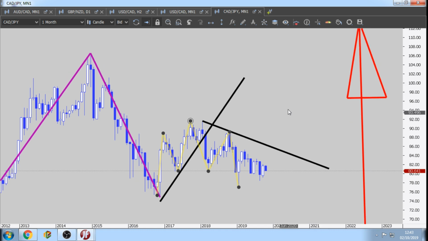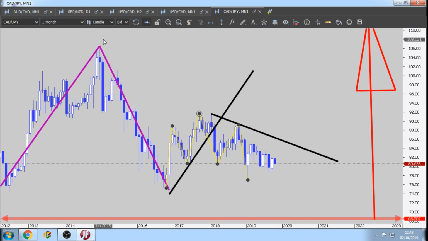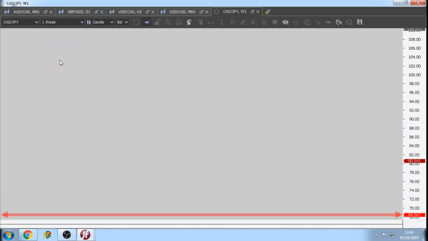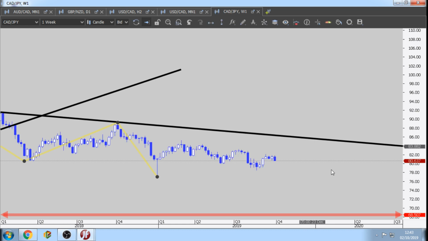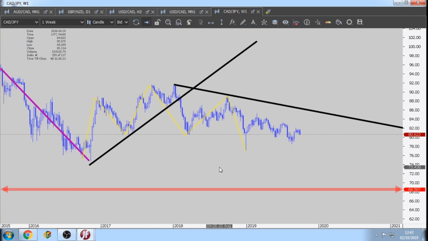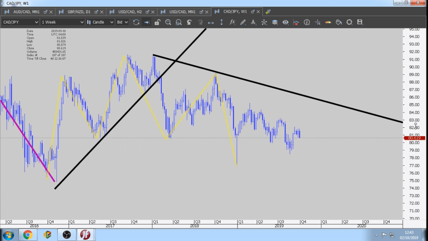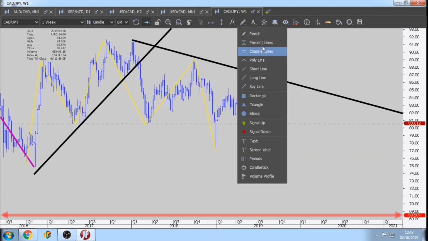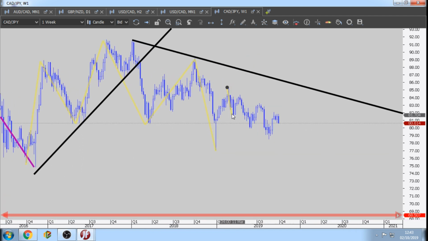Downtrend, yes. Now we're going to jump from the monthly to the weekly, where the picture is going to be more or less the same, and we are going to use the same logic, right? And even on a smaller scale, daily, 4 hour chart, lower lows, lower highs.